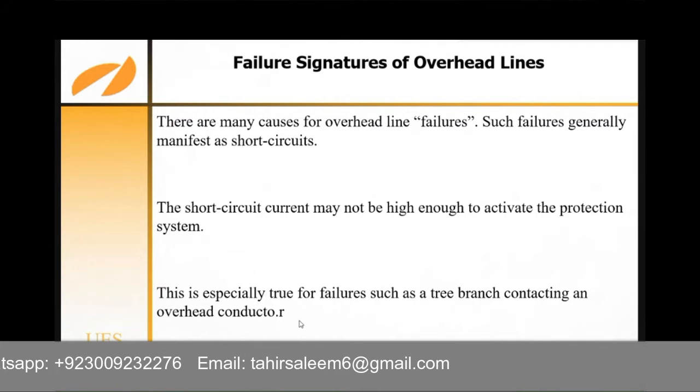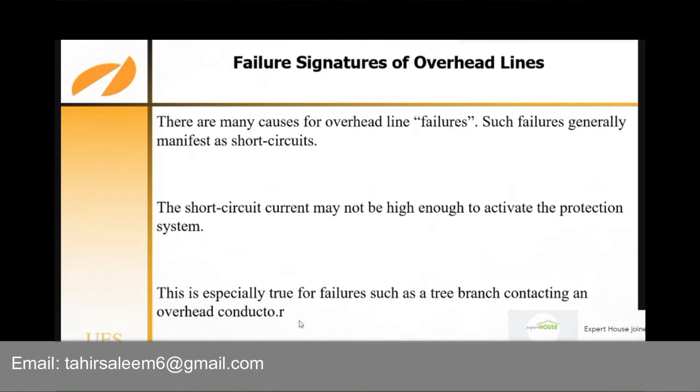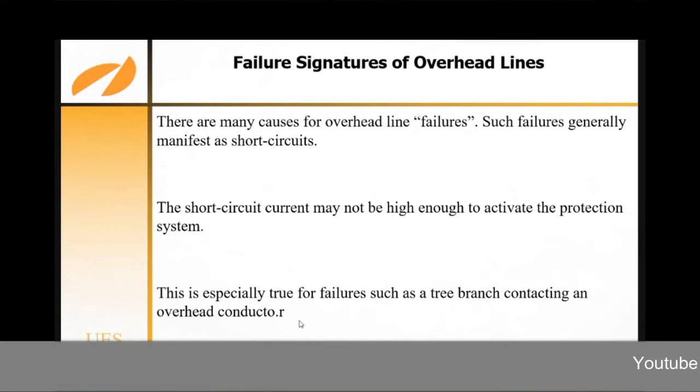Generally, failure on the overhead lines is considered a short circuit, and this can be due to tree branches which accidentally lay down on the power line and short the power lines, either phase to phase or phase to ground.